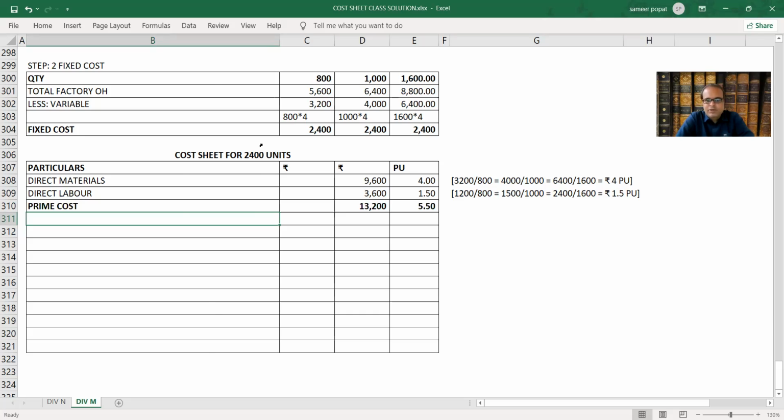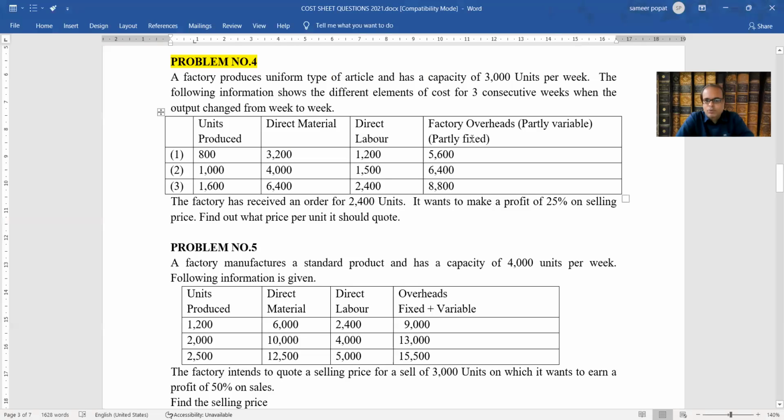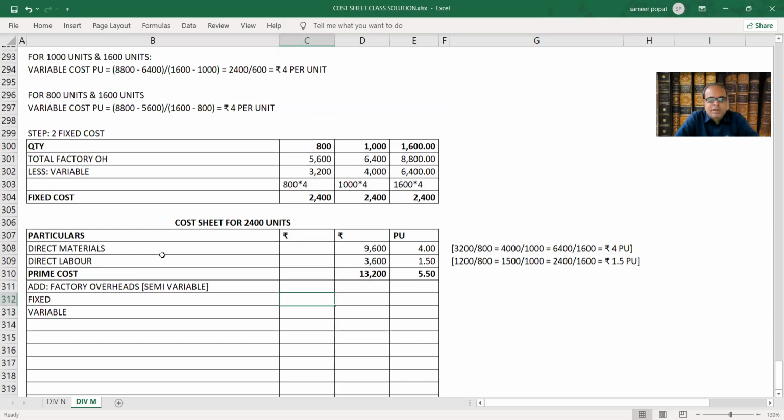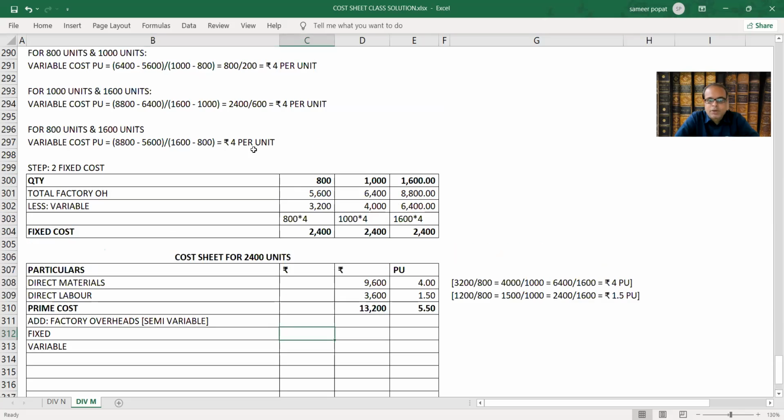Now, after direct material, direct labor, one more cost is given, that is factory overhead. That is semi-variable. So we need to split this factory overhead into fixed and variable component. See, in the previous working, we already calculated that per rate variable cost is 4 rupees and the fixed cost total amount is 2,400.